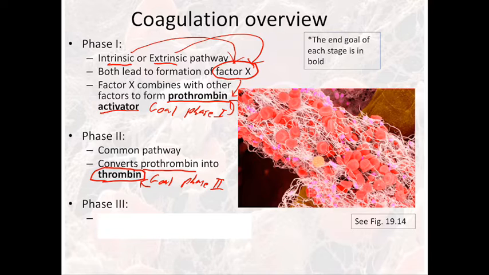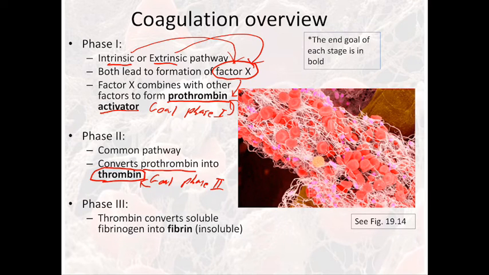Then in phase 3, thrombin is used to change fibrinogen into fibrin, and fibrin is the goal here, and this is really what makes the clot. If you look at all these whitish fibrils in a blood clot, that's fibrin. So fibrin is really the end goal of the whole clotting cascade.